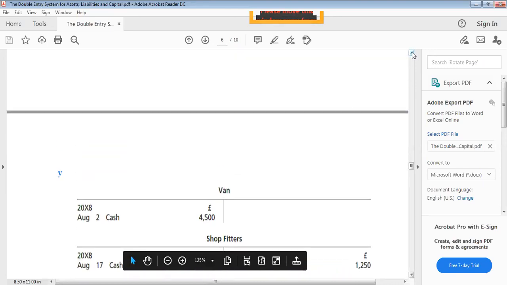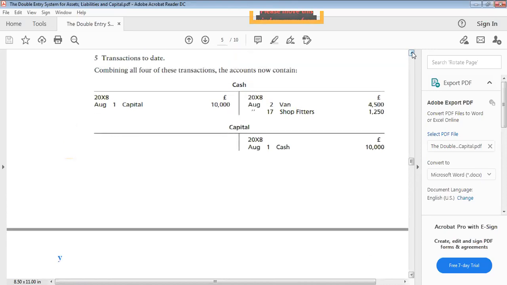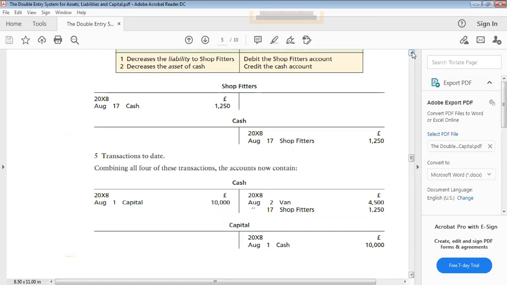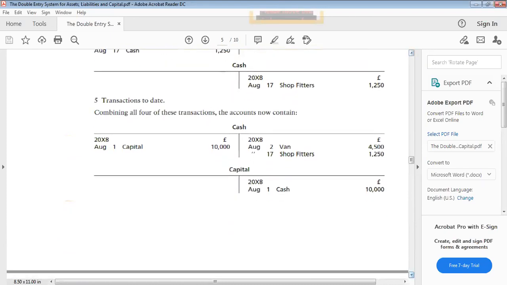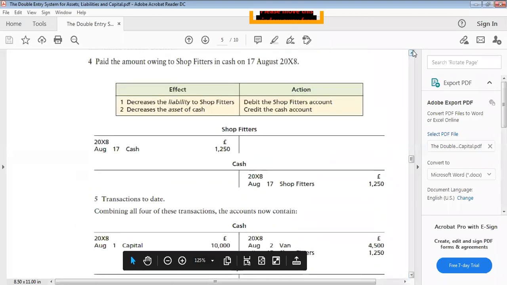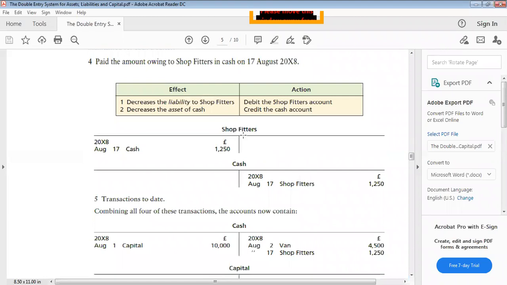All right. I'm just saying again to you a while ago that whenever you're making your entries, once you have already created an account, right? You don't need to create another one again. Just simply make the entry under that particular account. So for example, in this case, you have already created a shop fitters and cash account prior to this transaction, right?